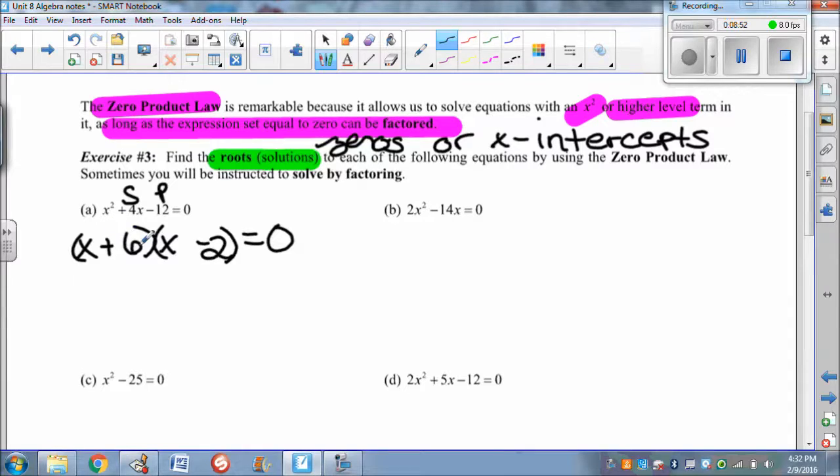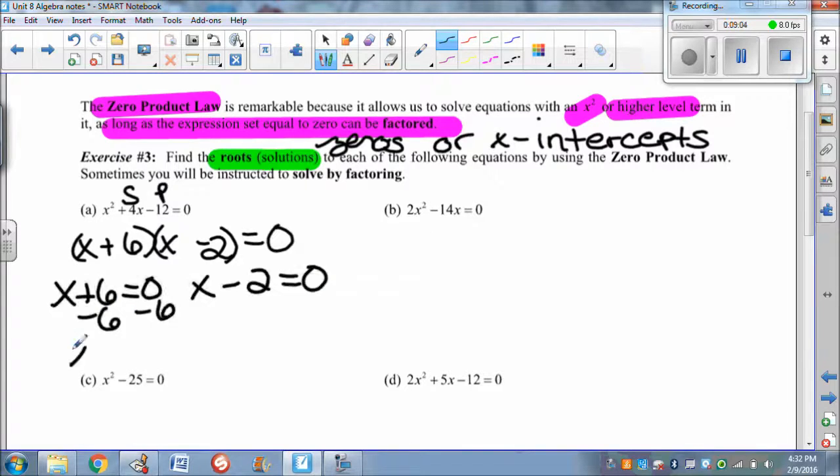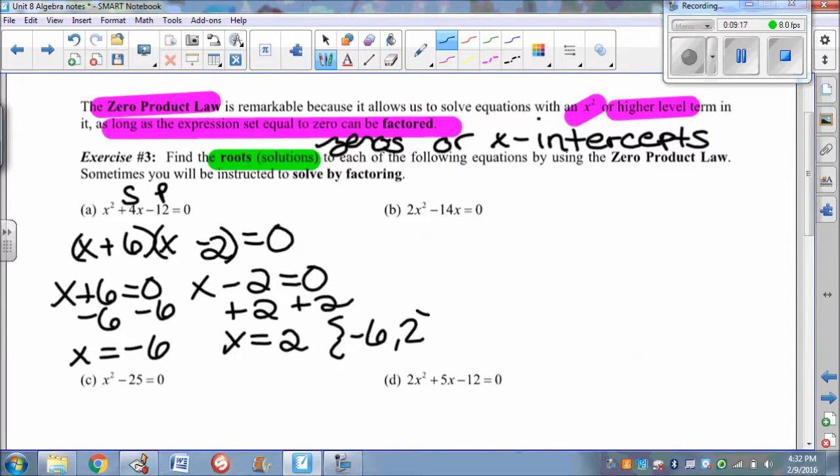So in order for two factors multiplied by each other to equal 0, one of them or both of them have to be potentially 0. So we have to assume both of them are 0 because we don't know for sure. So x is negative 6 and x is positive 2. So we can write that as a solution set with curly brackets, negative 6 comma 2. You may see the answers written like that.